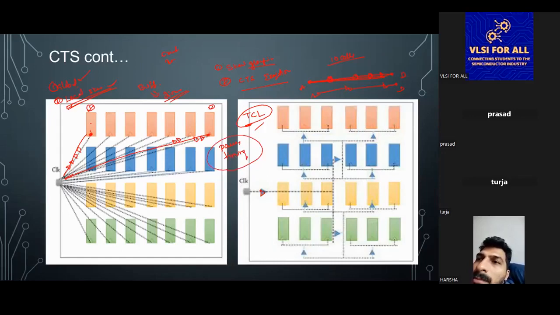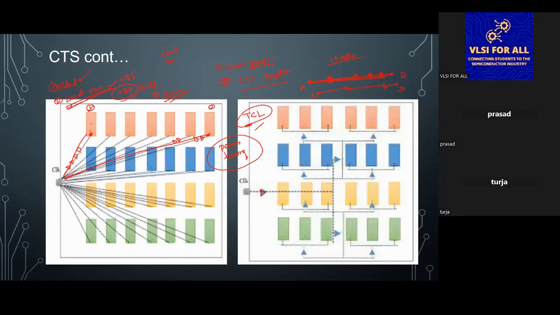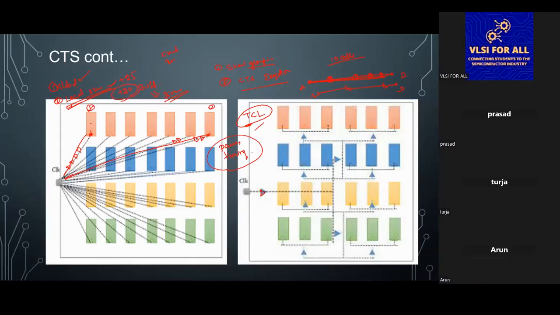Even though you are violating the skew, for example, your skew might be plus 25 ps. If you make it plus 20, your hold will be fixed, right? At that time you can make it. It is fine, no issue. So your timing and power is high priority. Why are people going with low skew and minimum insertion delay? They will achieve a good power number and timing. That's why the targets were set like that.